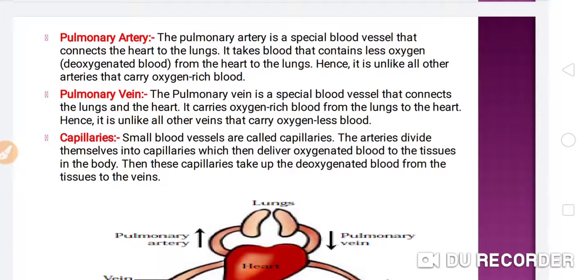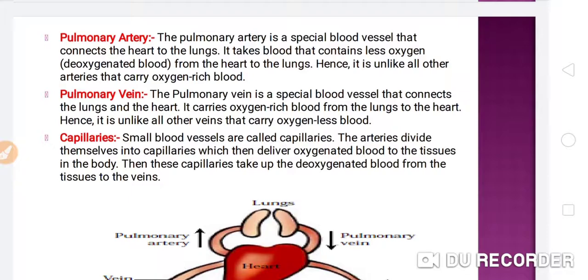Although we know that arteries carry more oxygenated blood, in case of the pulmonary artery, it takes blood that contains less oxygen, that is the deoxygenated blood, from the heart to the lungs. Hence it is unlike all other arteries that carry oxygen rich blood.